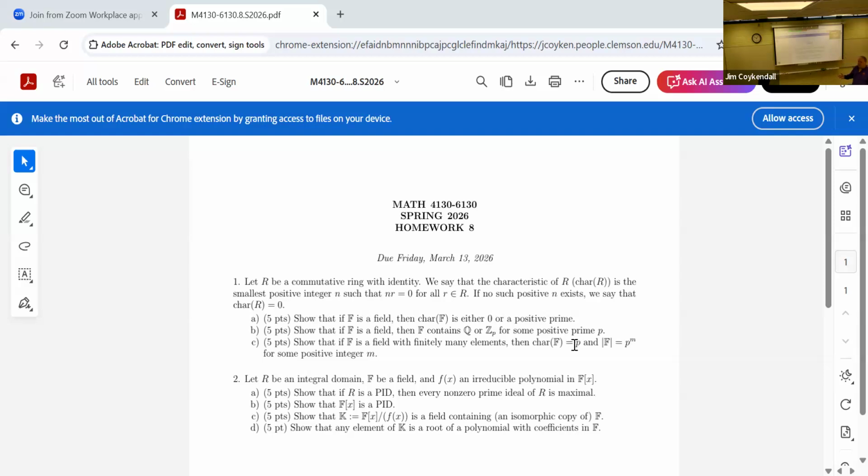So it may not even be clear that such a thing exists, right? At this juncture, but this problem tells you a little bit about what they have to look like if they do exist. Show that if you have a field with finitely many elements, then the characteristic has to be some prime p, and the order of the field has to be a power of p, right?